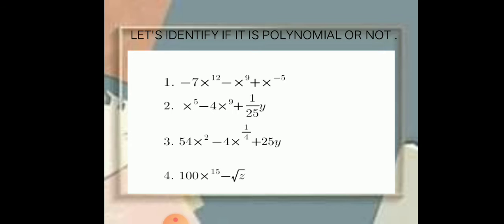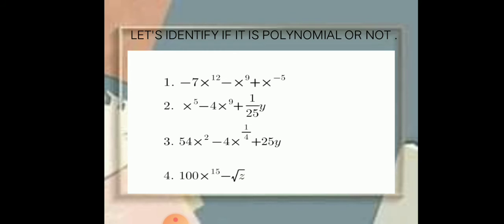Number 3, 5x squared minus 4x to the power of 1/4 plus 25y. Number 4, 100x to the power of 15 minus the square root of z. So let's have an answer if it is a polynomial or not.